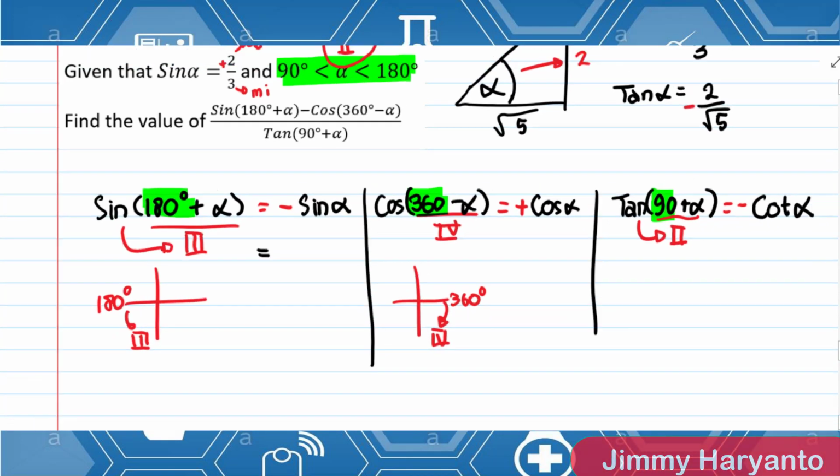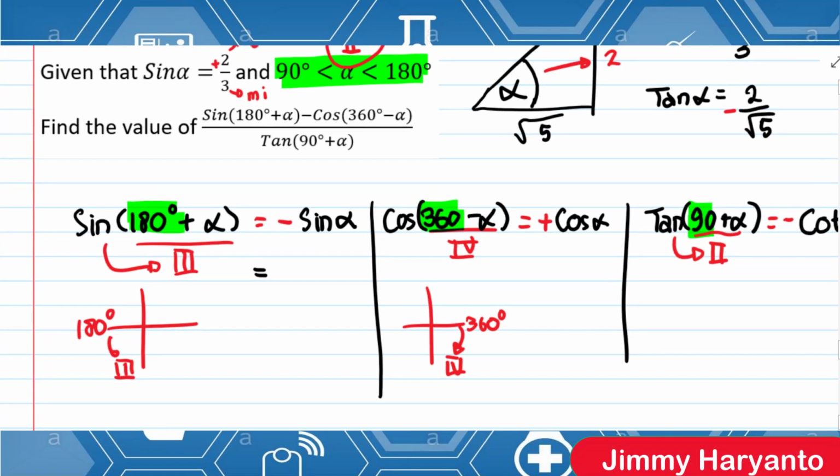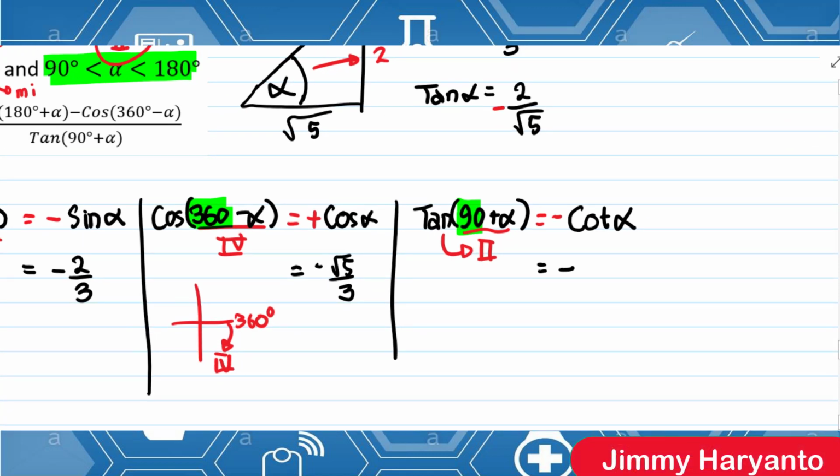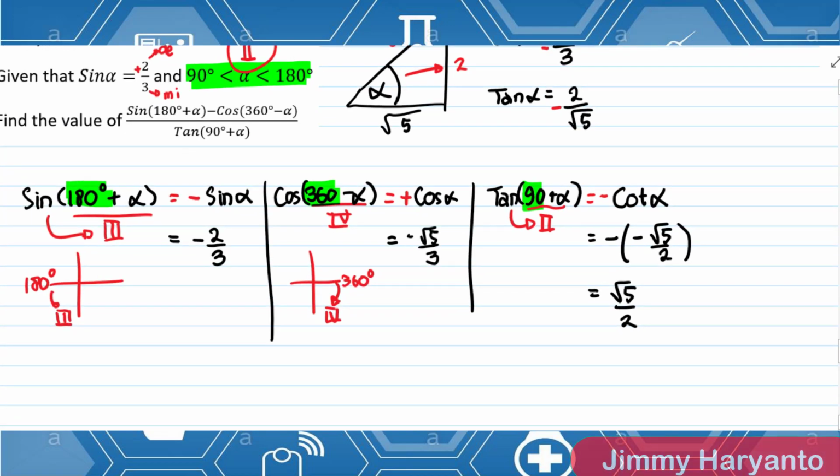Now it is equal to negative sine alpha. Sine alpha is 2 over 3, so this one will be negative 2 over 3, and this one will be negative square root of 5 over 3, and this one will be negative cotangent. Cotangent is the inverse of tan, so it will be negative, and you flip the numbers: square root of 5 over 2. There you go.